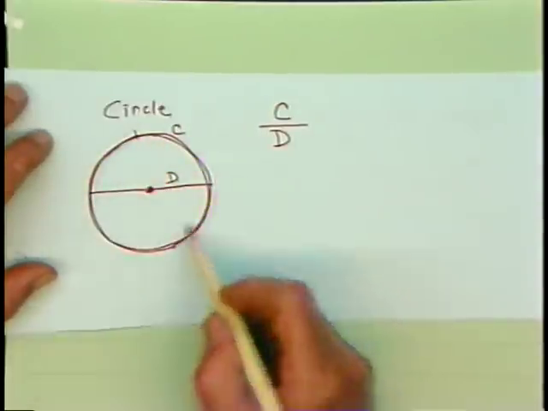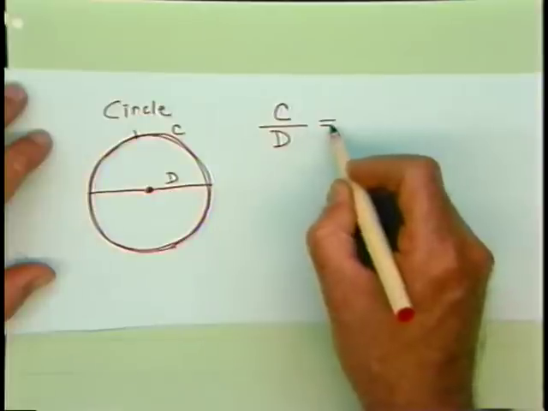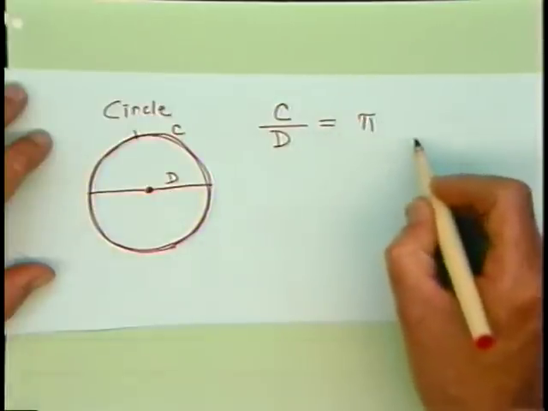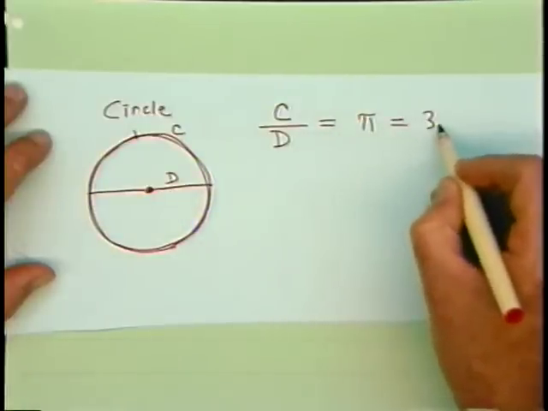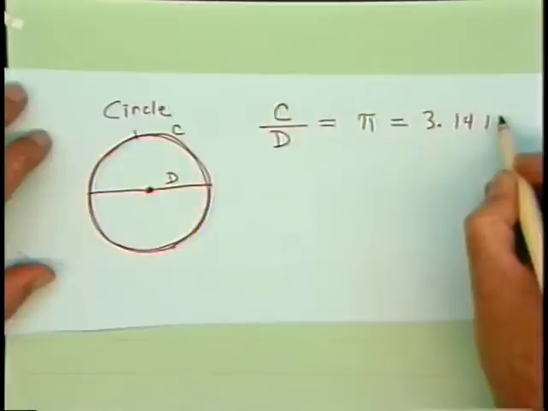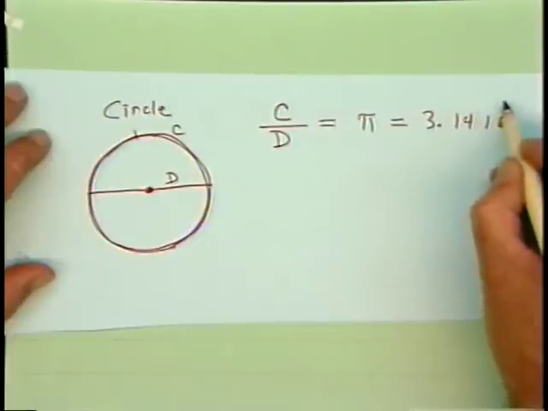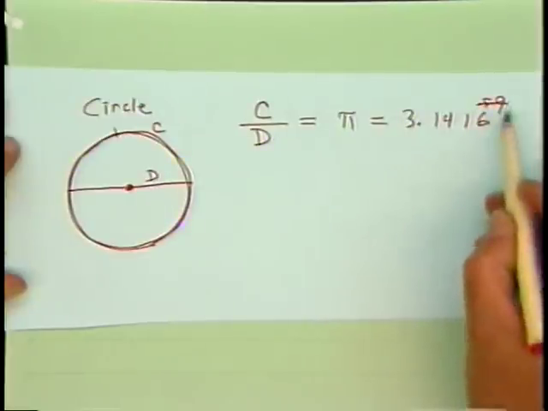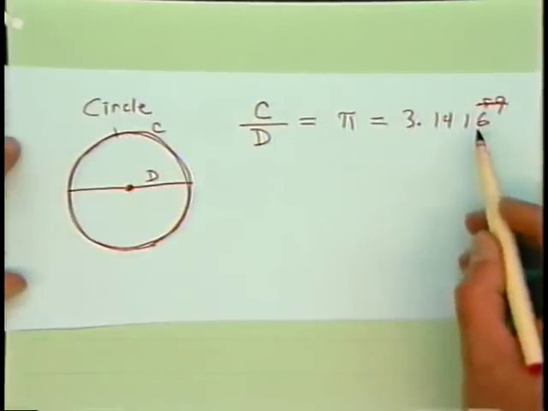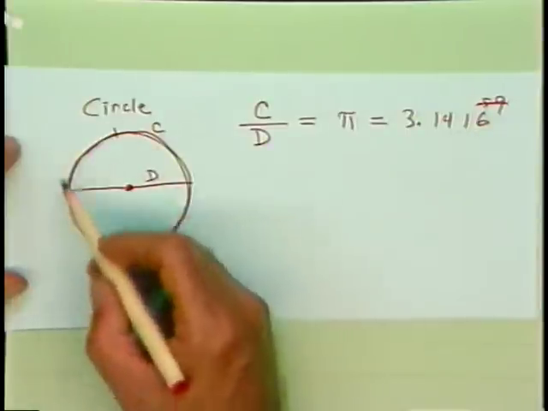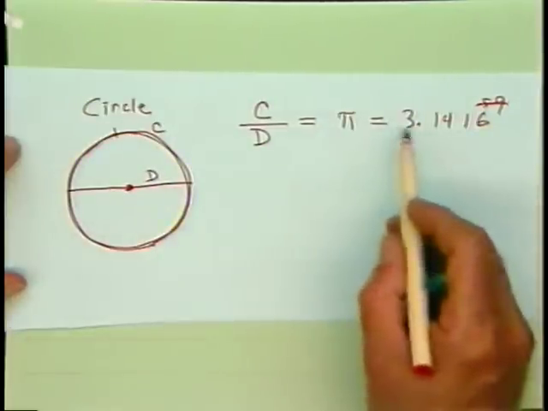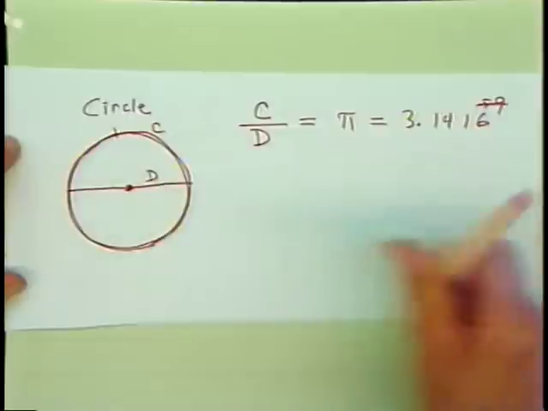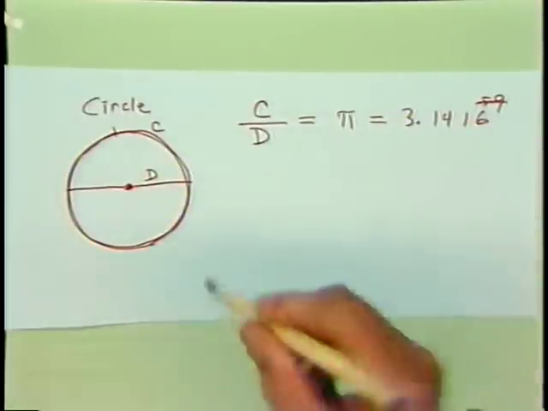Depending on how accurate the circle is drawn, it would come out close to that value of pi, 3.1416, etc. Actually, it's 159, etc. And of course, that rounds to 6 at the nearest 10 thousandths. The more accurate that circle was, the closer it would be to pi. And the size of the circle had nothing to do with it.